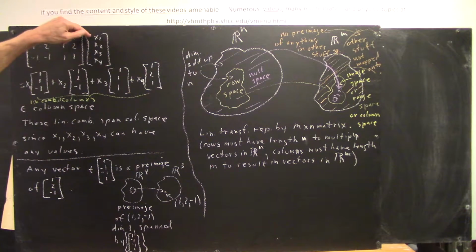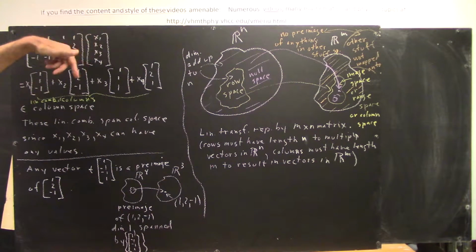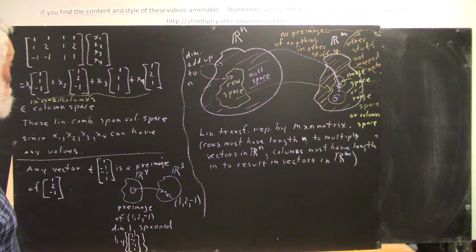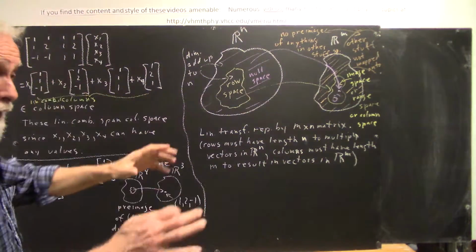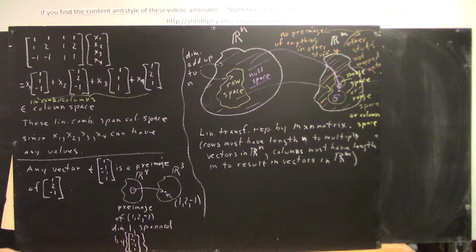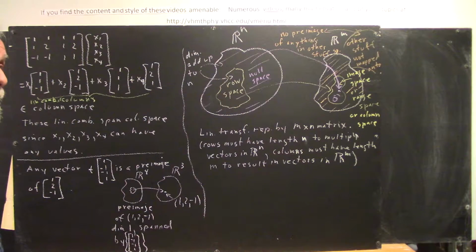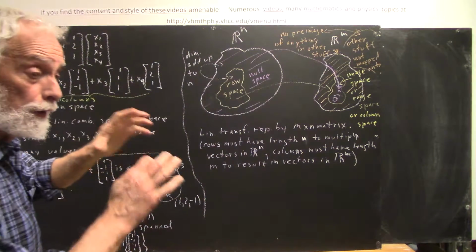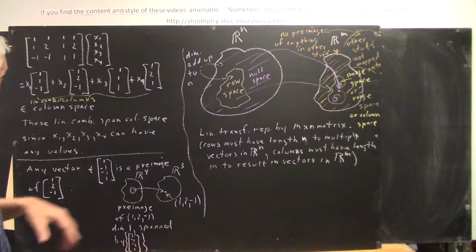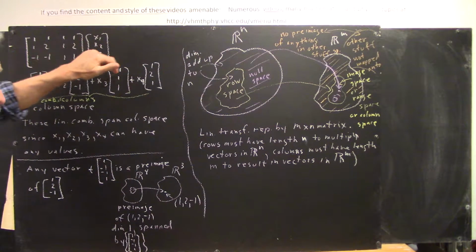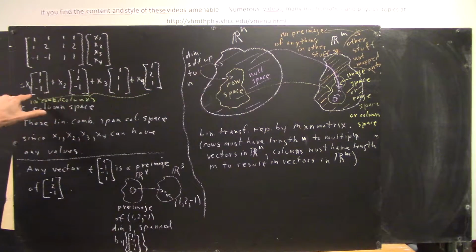Now, x1 through x4 can represent any vector in your original space in R4. So any vector that you get over there in R3 has to be a product of the matrix times one of these vectors, which means that anything you get over there in R3 as the result of your mapping is going to have to be a linear combination of the columns, because that's exactly what this is.